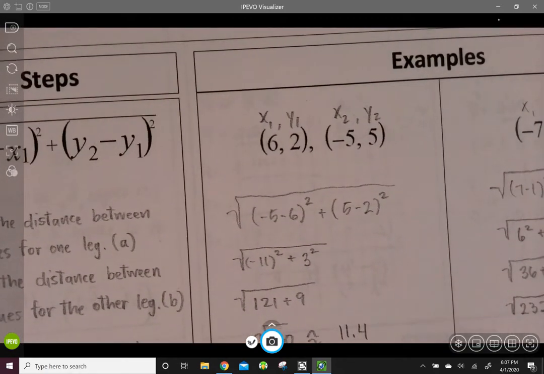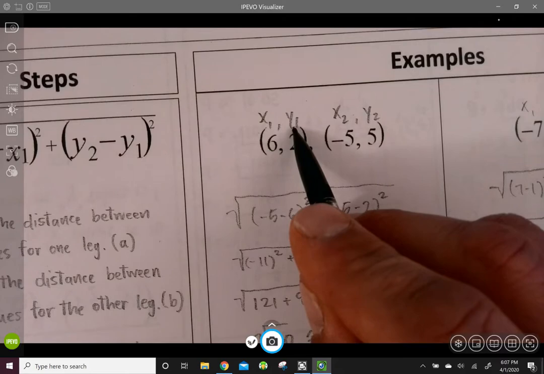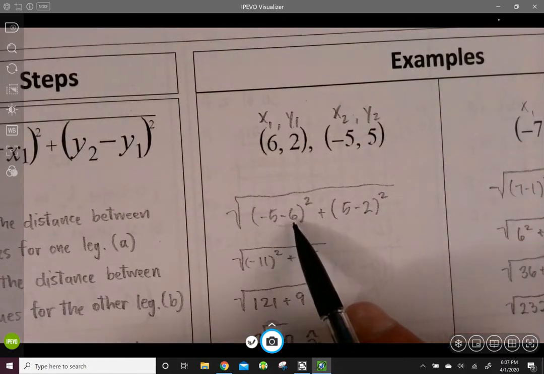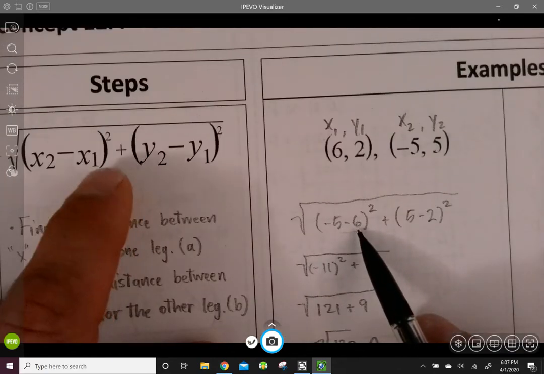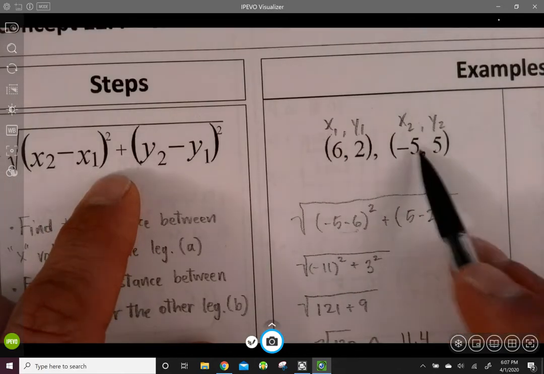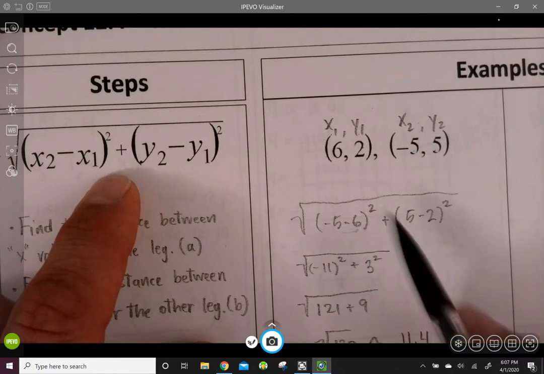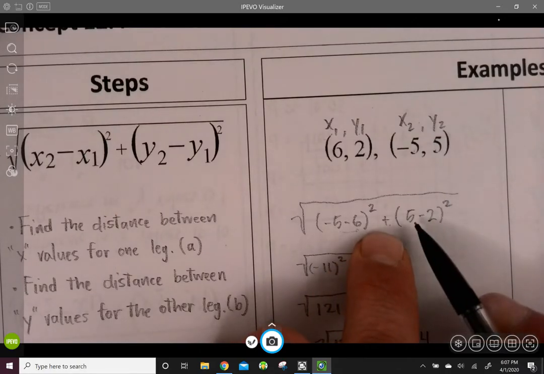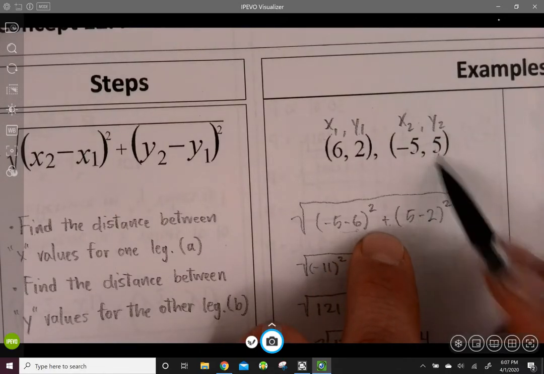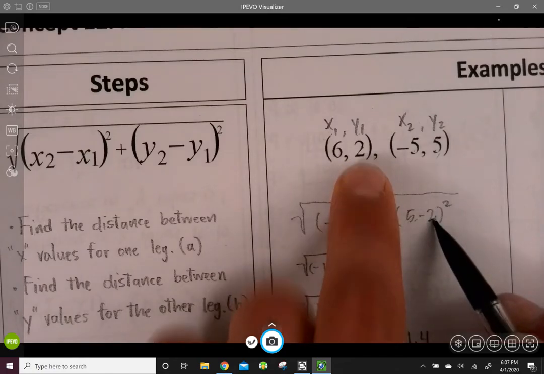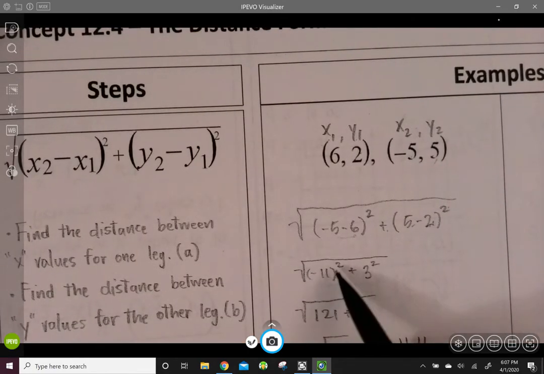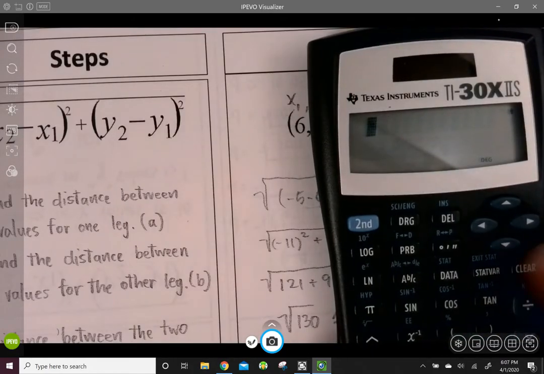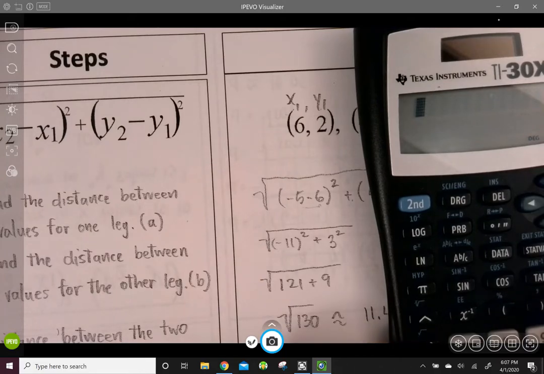So we're going to plug in these values. I labeled them x1 and y1. X comes first, y second, and then x2, y2. Then I plug all those values into this equation right over here. I have negative 5 minus 6 squared plus 5 minus 2 squared. And so that's negative 11 squared, and negative 11 times negative 11 is 121.